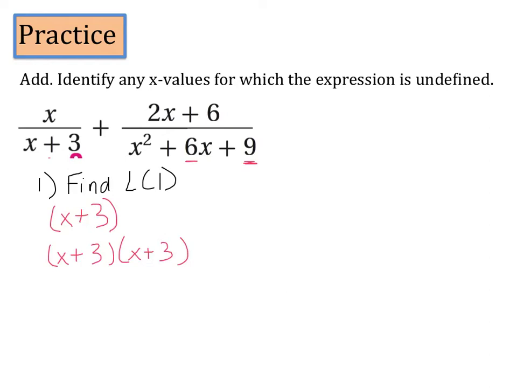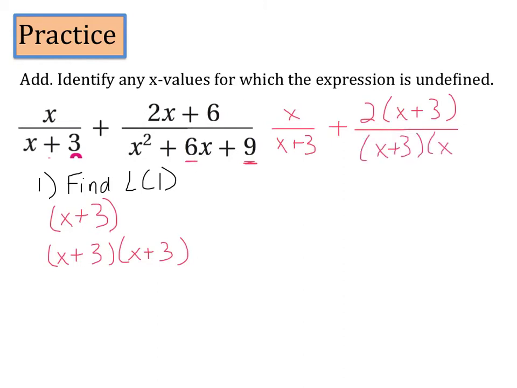So let's rewrite these. So we have x divided by x plus 3 plus, and I'm just going to factor the numerator while I'm here, 2 times x plus 3, and then in the denominator I have x plus 3, x plus 3.